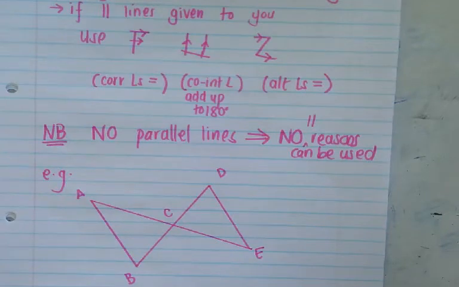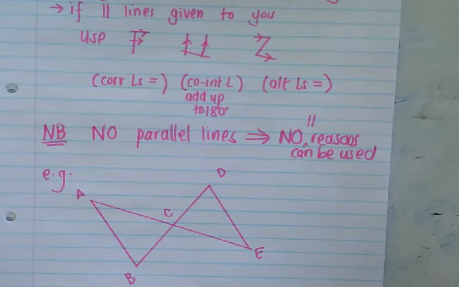Can I use corresponding, co-interior, or alternate angle reasons? Who says yes? Who says no? Why are the rest of you not doing anything? If you don't know, choose one. Who says yes? Who says no? Only 2 of you are correct.